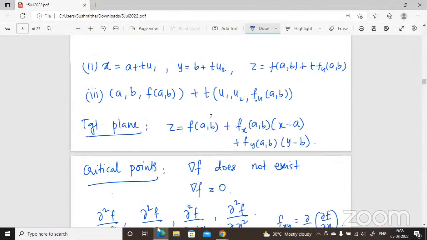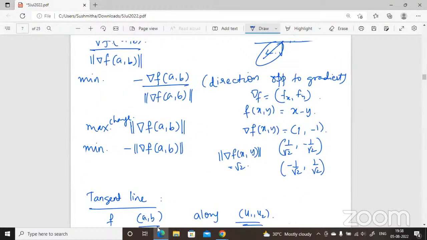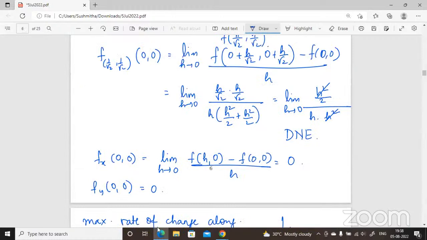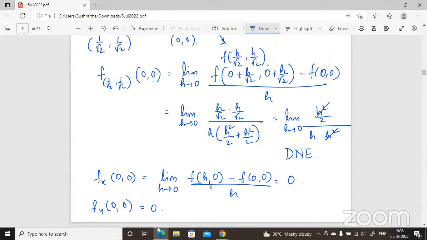If the limit doesn't exist for the function, then the directional derivative also doesn't exist. The directional derivative is nothing but that limit, right? So if the limit does not exist, then the directional derivative does not exist. That is the definition of the directional derivative. Okay, if the limit doesn't exist, then the directional derivative also won't exist. Yeah, because the directional derivative is nothing but that limit.